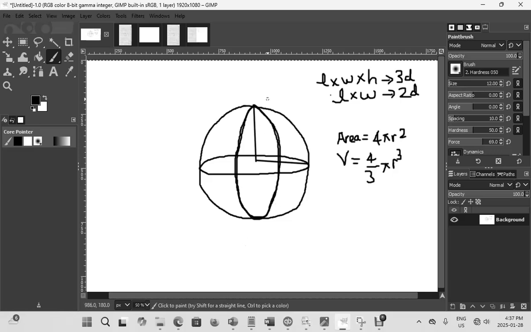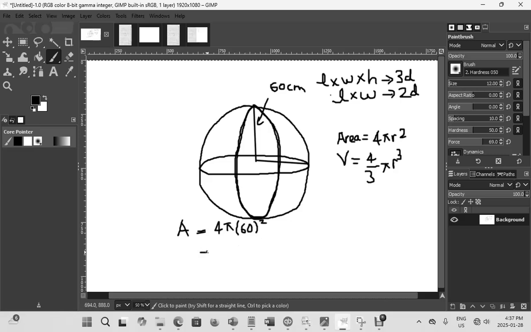Say the radius here is 60 centimeters. So the area equals 4 pi r squared, or 60 centimeters squared.